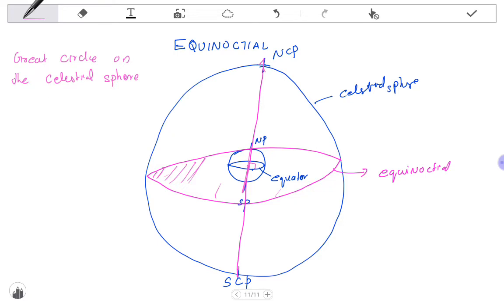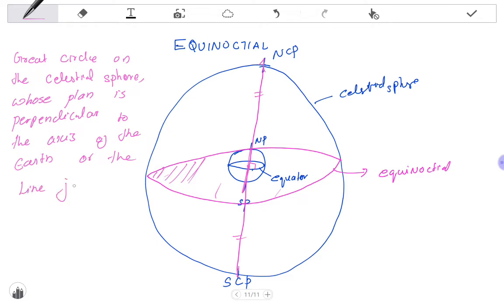So the equinoctial is a great circle on the celestial sphere whose plane is perpendicular to the Earth's axis, or the line joining the celestial poles. So this is our equinoctial.